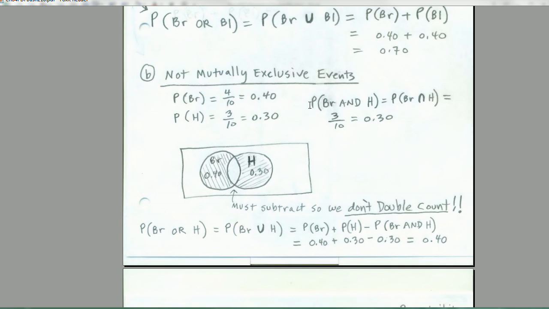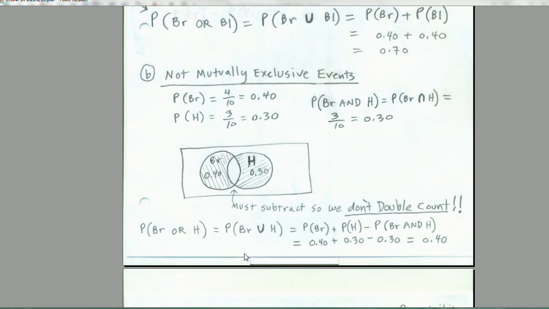If the events are not mutually exclusive, think of it visually like this. Oh, there's some brown hair. There's some hazel eyes. But that little intersecting bit will get us into trouble if we just add the two. We have to subtract it so we don't double count. I'm going to refer to it as probability of brown hair or hazel eyes.